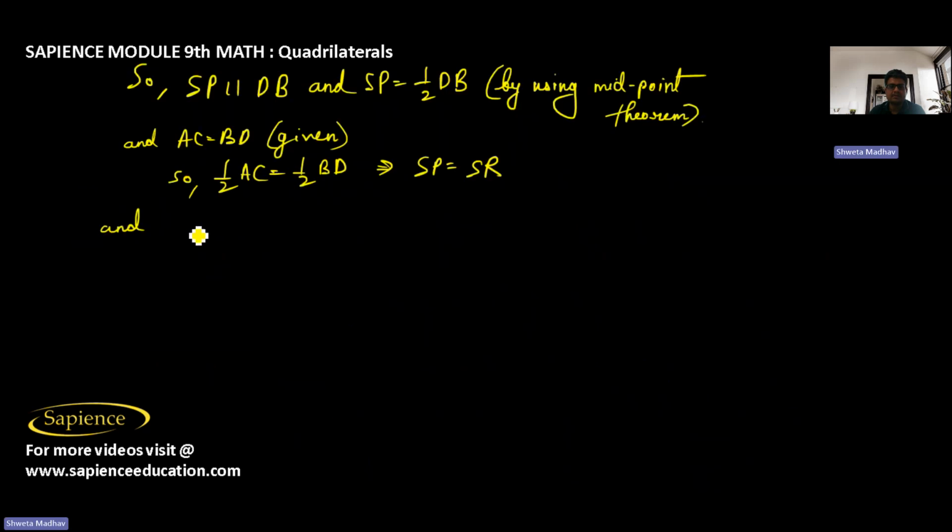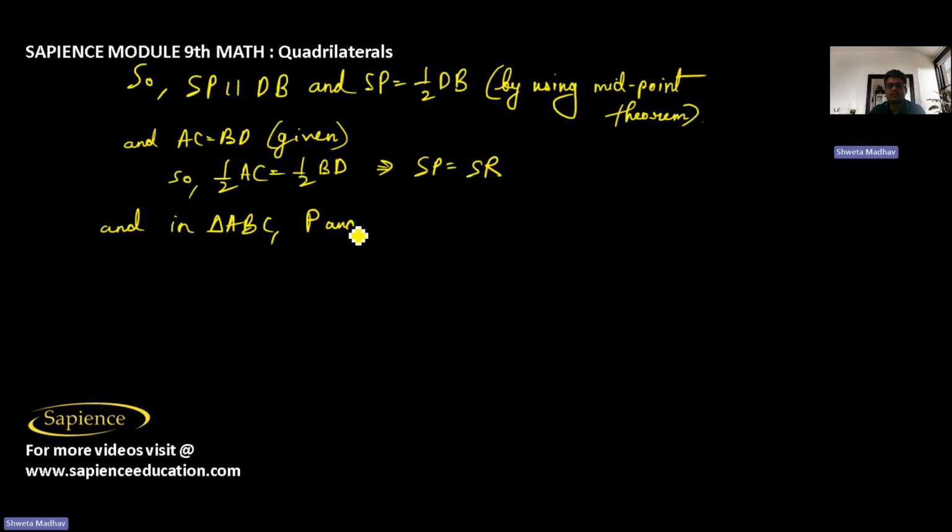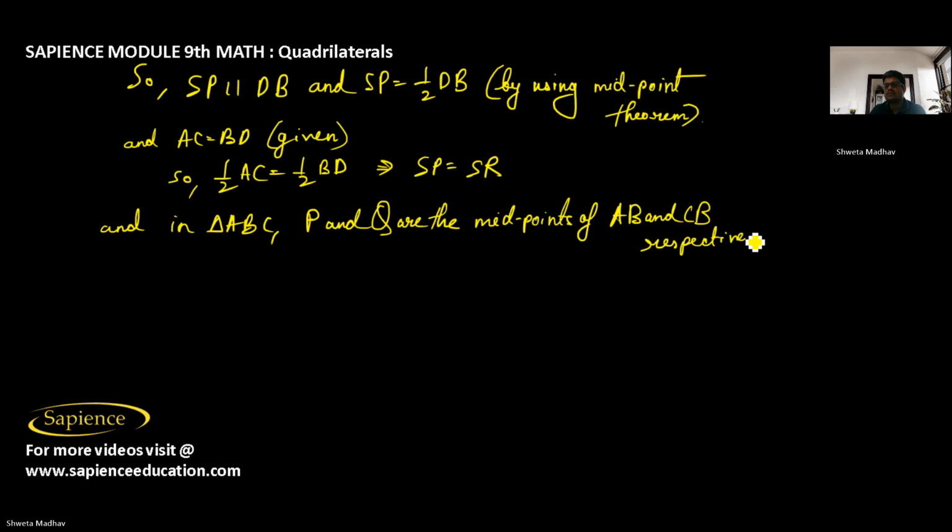And also in triangle ABC, P and Q are the midpoints of AB and CB respectively, which is given.